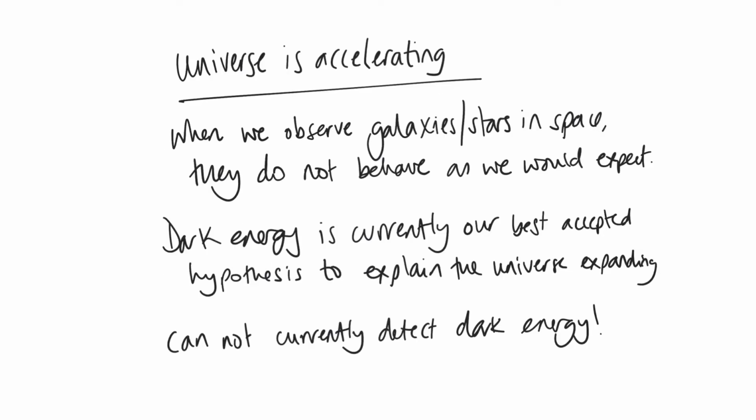So the last little bit in your book on chapter 20.5 just refers to the idea that the universe is accelerating, and we believe that it's accelerating because when we look at stars or galaxies that maybe are exploding, they don't behave as we would normally expect based on our current understanding of physics. So the term dark energy was coined, and it's our best current theory or hypothesis to explain that the universe is expanding at an accelerated rate, but we can't currently detect it.